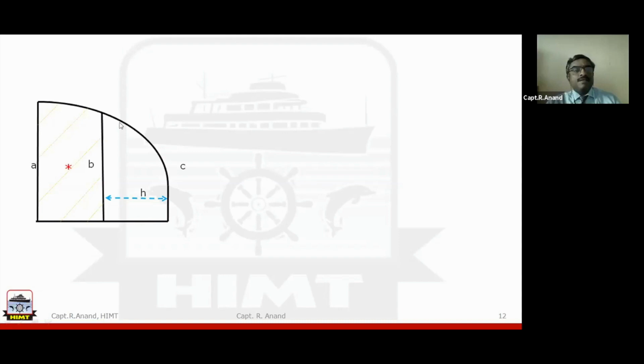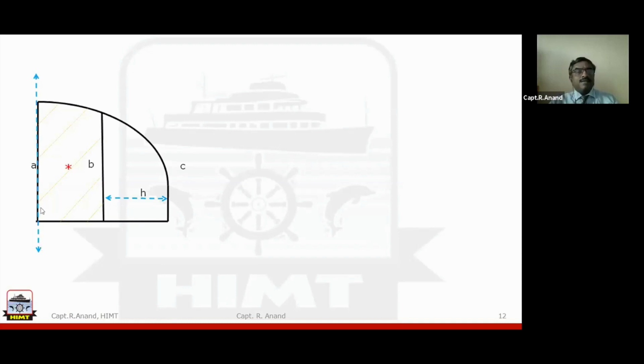Now, in this particular case where I've shown you, A, B, C are 3 ordinates. I want to calculate the area and the centroid between ordinates A and B. Now, if you remember, for calculating the area, the multipliers I use are 5, 8, minus 1. So first I have to decide the axis from which I am going to calculate the centroid.